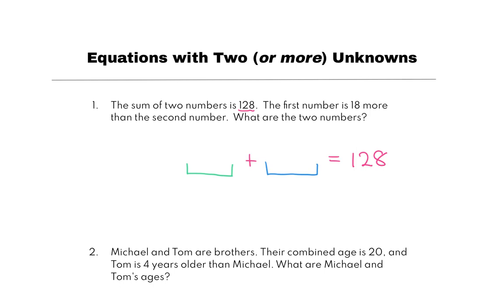The first thing that we're going to do is figure out which one of these unknowns we know nothing about, and we are going to let x equal that one. So we know that the first number is 18 more than the second number. We know nothing about the second number, so we are going to let x equal the second number.